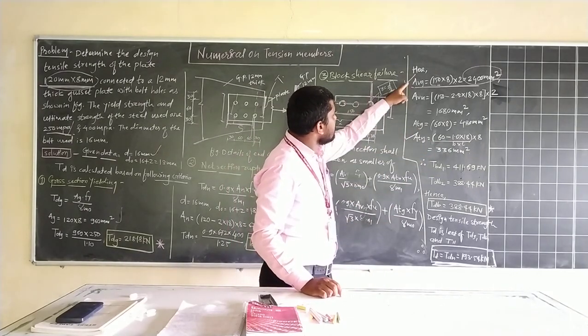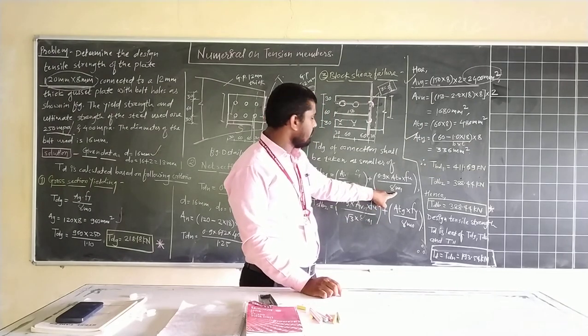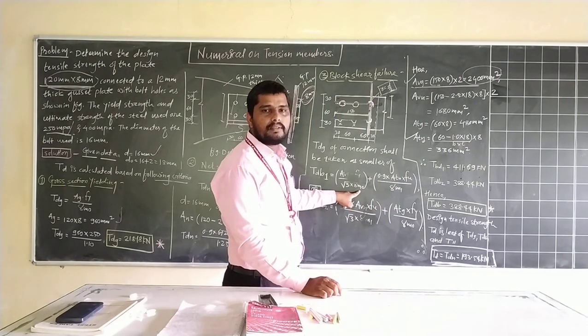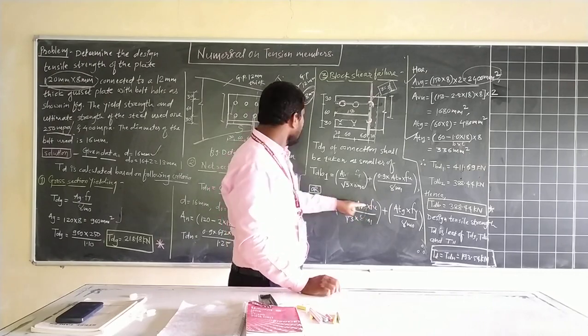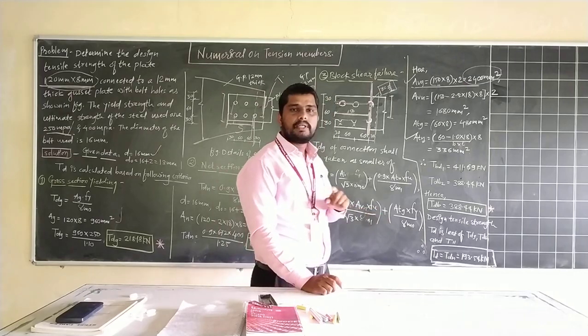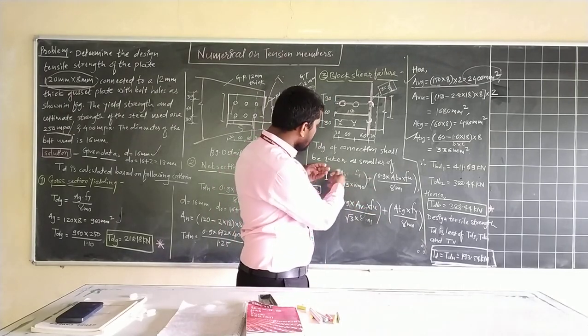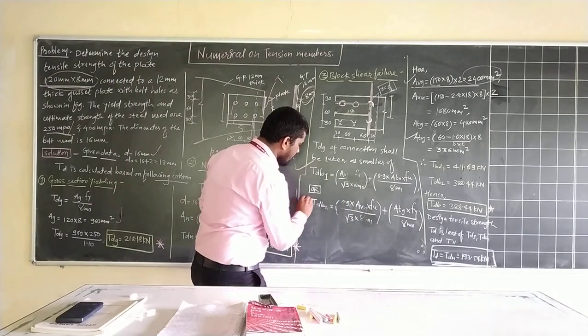After determining these four values, knowing that gamma m1 is 1.25, gamma m0 is 1.1, and Fu is given as 400 MPa, or Newton per mm square, we substitute all values in TdB1 and TdB2.